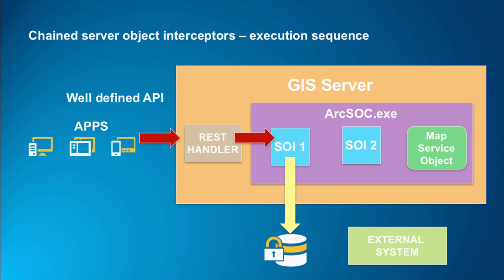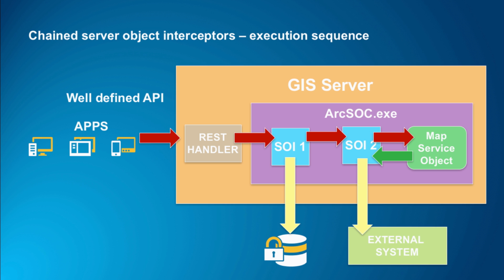This SOI is looking up a different database for doing its work. When it's done its work, it can say, I want to terminate that request then and there, or I would like to forward it to the next in the chain. And it keeps repeating for as many SOIs as you have, eventually going to the map service object. Likewise, as the response goes back, it flows through your system and gives you a chance of intercepting again.